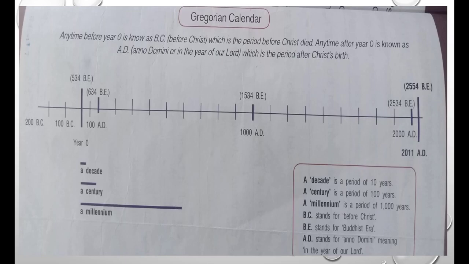And in the Gregorian calendar, 2011 AD. The Buddhist calendar has 2554 years BE. And 2011 AD is the first year of the third millennium.